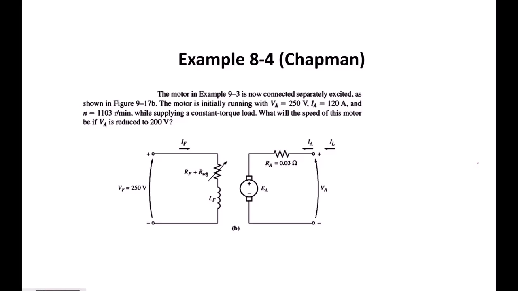So in this question, the torque load is constant, and the question is, what will the speed of this motor be if the armature voltage is reduced to 200 volts?